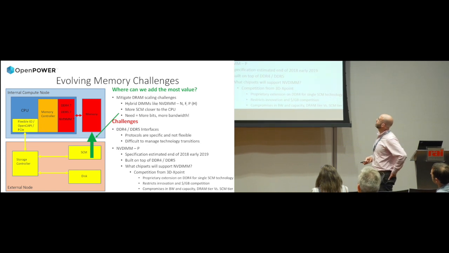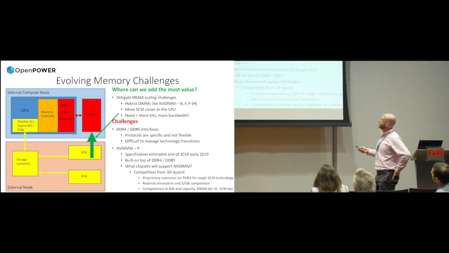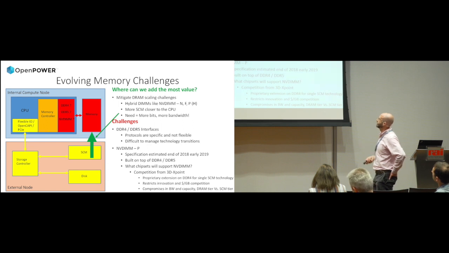So in your traditional memory architectures, you would have your memory directly attached to your CPU through the memory controller. Then you have flexible I/O, OpenCAPI, PCIe, talking to a storage adapter. It's just a basic example, right? But where can we add the most value? So everybody's been looking at trying to move storage class type memories up to your direct attached memory locations.